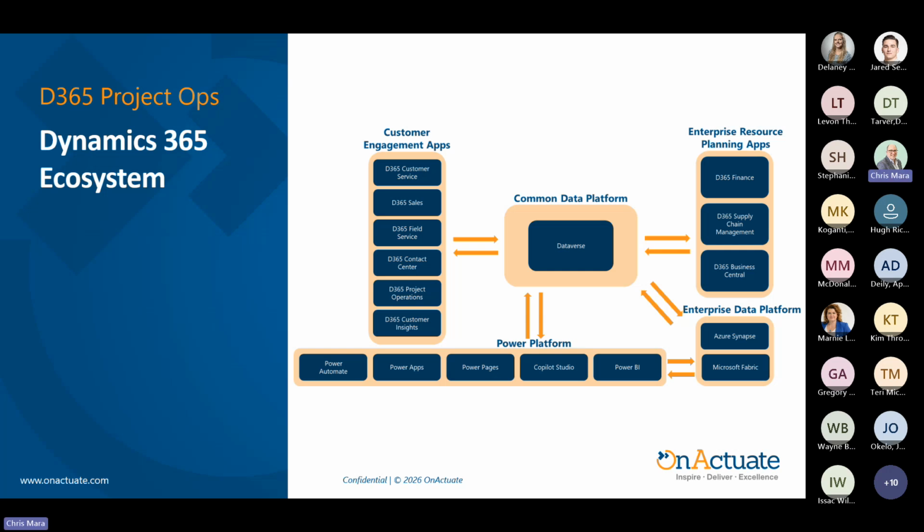In short, Project Operations is the ecosystem component that ties together project delivery execution with automation and analytics on the Dataverse platform, while integrating cleanly to ERP financial outcomes through dual write.